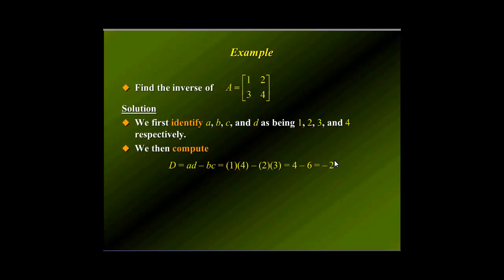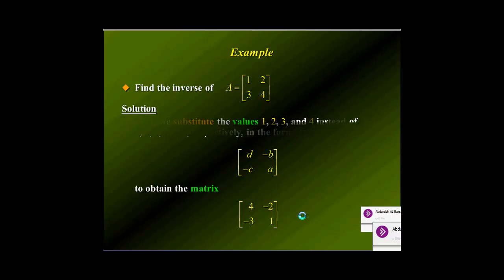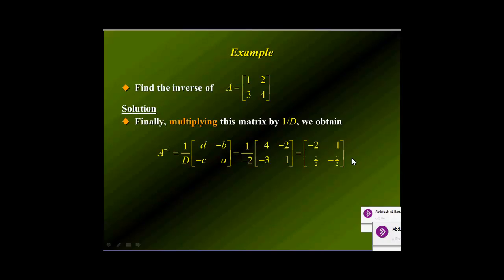Now what is the inverse? Just replace D and A, and put minus B and minus C. In this case, D and A are 4 and 1, and -2 and -3. Just replace it, and you will get A inverse is equal to 2, 1, 3 by 2 and 1. So it's a very easy method to find the inverse of a matrix.